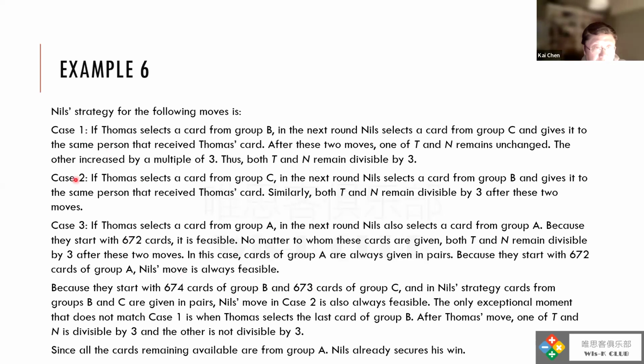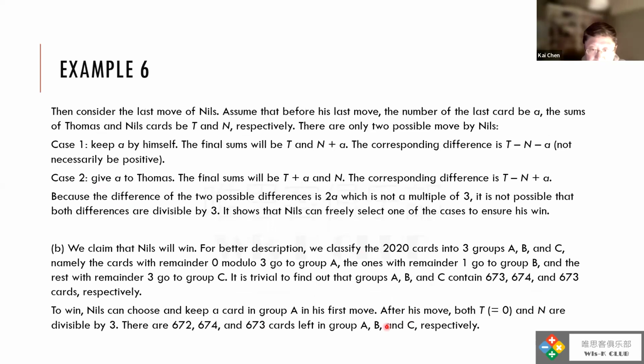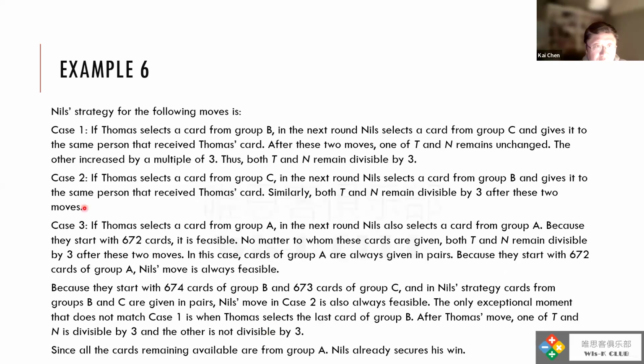Now looking at case 1 and case 2: notice that when Thomas starts, B has 1 more card than C. So if Thomas selects C, Niels is always able to select B, because B has one card more.